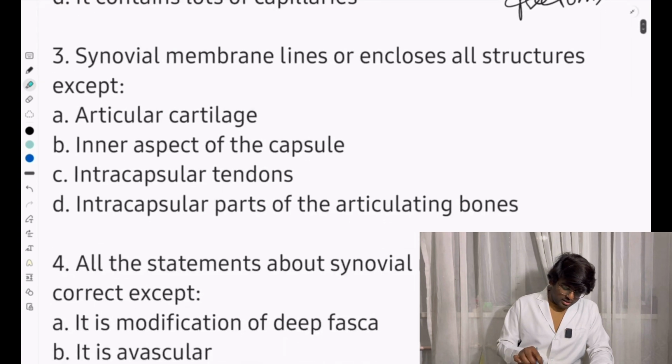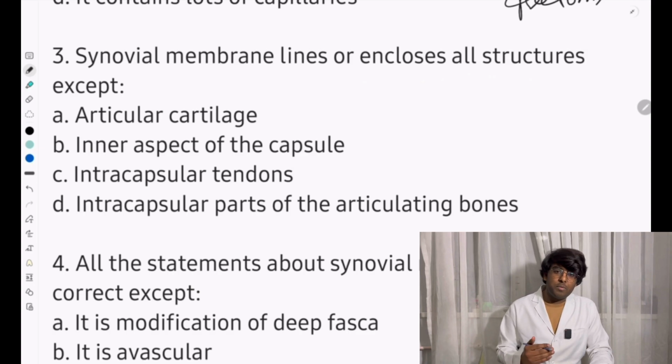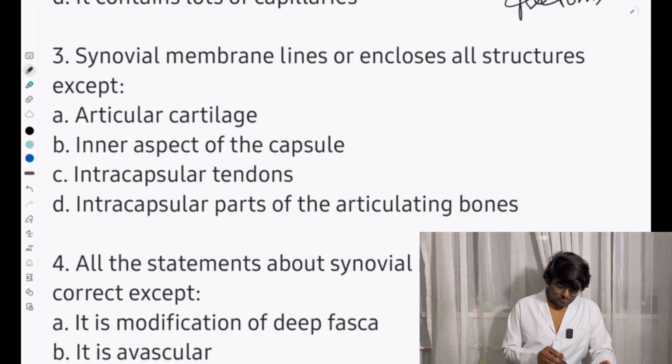Then the third question: synovial membrane lines or encloses all structures except. These topics I haven't discussed in our lecture videos because it's very time consuming, and I will take you through them when I talk about the osteology of every bone. For now we have to study the fundamentals, so I am asking you with the help of the questions.